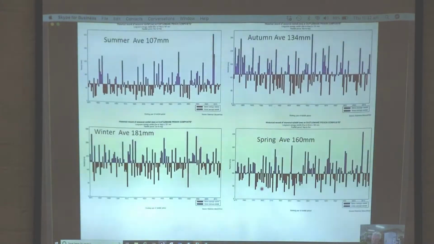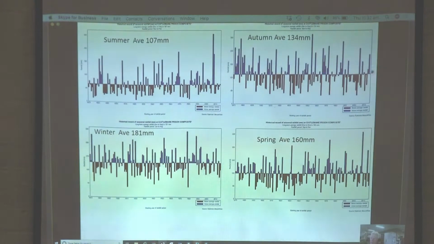Now, when we look at the seasons for that record, here's summer, autumn, winter and spring. You can see that while summer's the dry season, there's great variability in there, and you can also see the record wet summer of 2010-11, where the tropics came to visit that year.